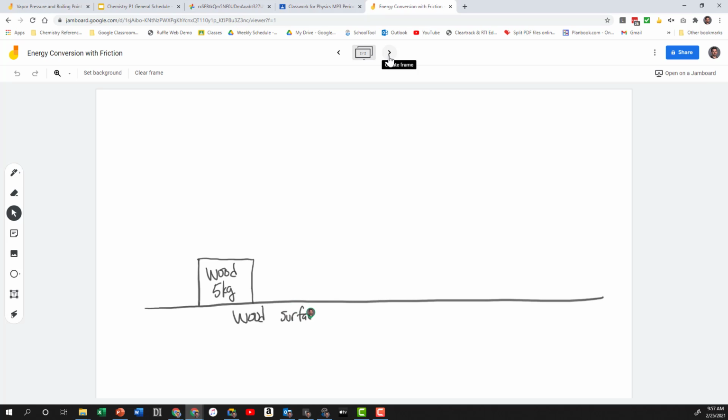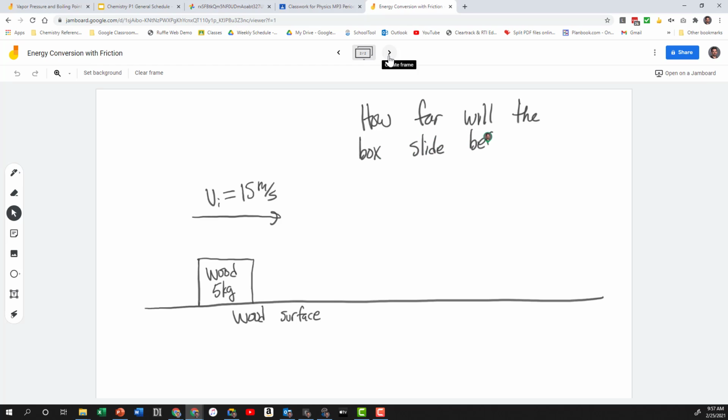We're going to bring our friction in here. It's initially moving, Vi, we'll say 15 meters per second. So we know we have some friction involved. The question is, how far will this box slide before stopping?